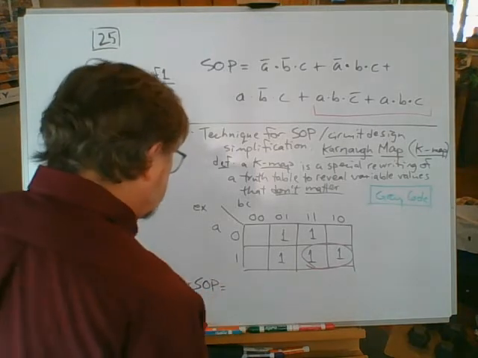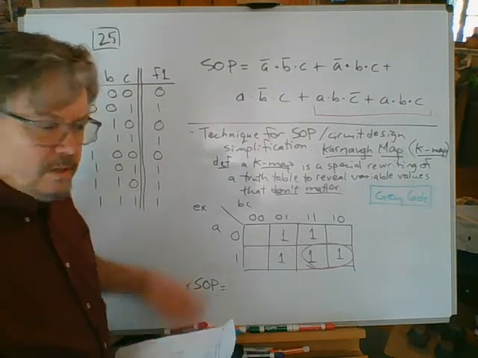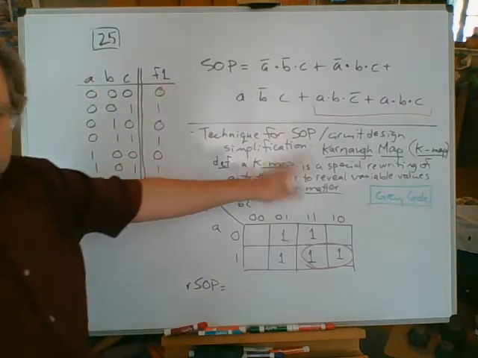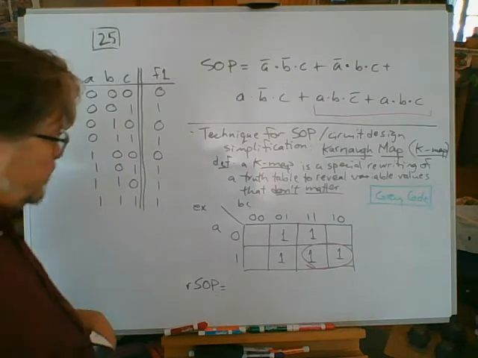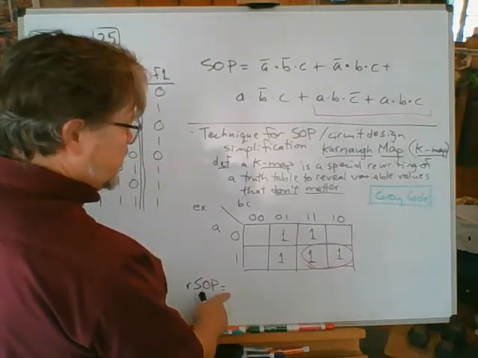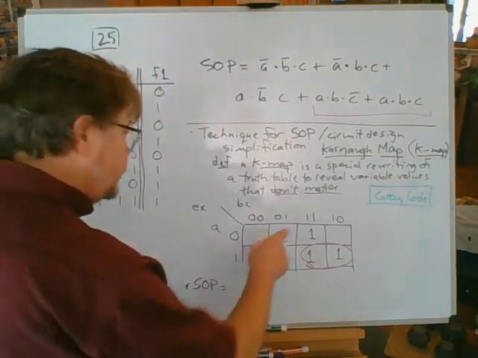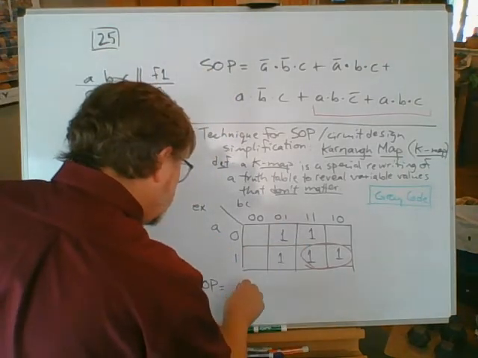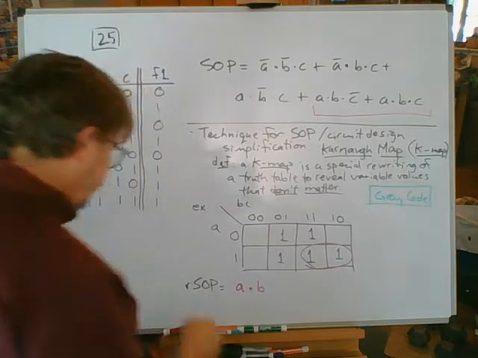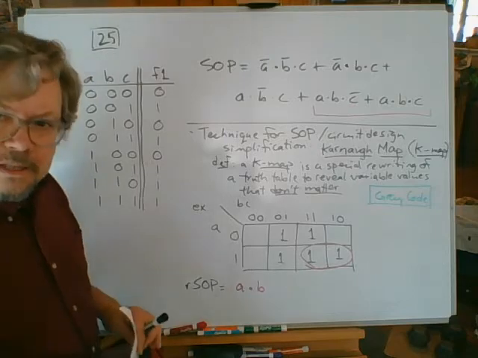And for those of us that don't like to keep up with things that have to be in order, since it's reduced, it doesn't even have to be in the order it would show up in the truth table. That's more or less meaningless now. We just want to make sure we get all the ones represented on our reduced SOP. This would correspond to the product A is 1, B is 1, A dot B, the end. That's not all the ones.